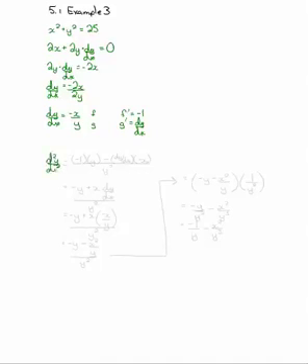So then the second derivative, d squared y by dx squared, quotient rule, f prime g minus g prime f, all over g squared.